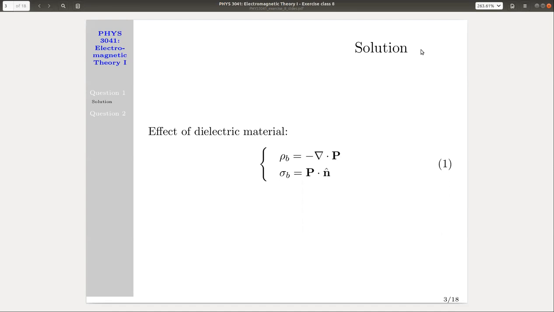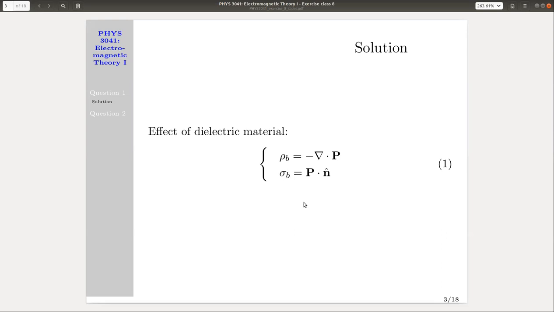With a dielectric material in the electric field, there will be some polarization, and it will induce some bound charge in the material. So you also have the bound volume charge which distributes over the material, and also the bound surface charge which distributes over the surface of the material.